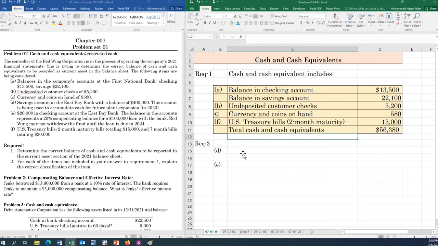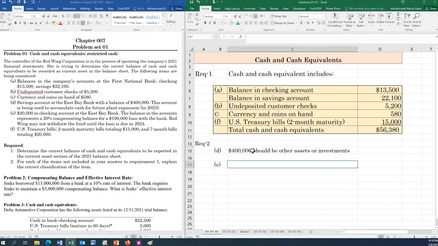Now requirement number 2 is saying that we need to explain why the cash and cash equivalents don't include these items. So number D, that is 400,000, it should be other assets, sorry, or investments.